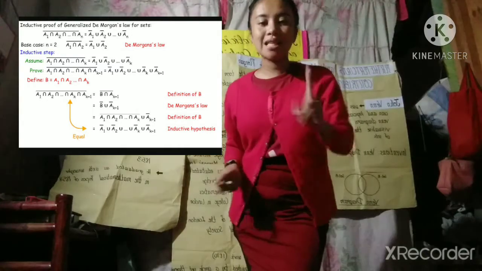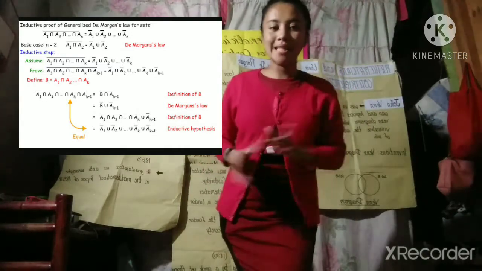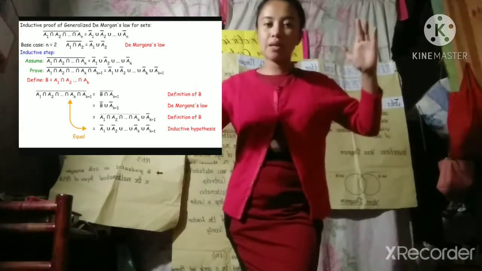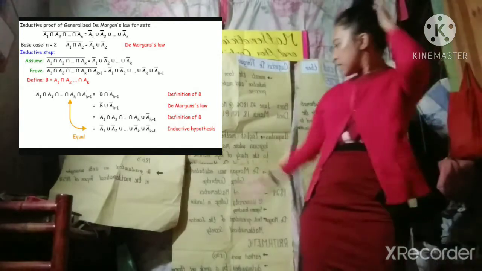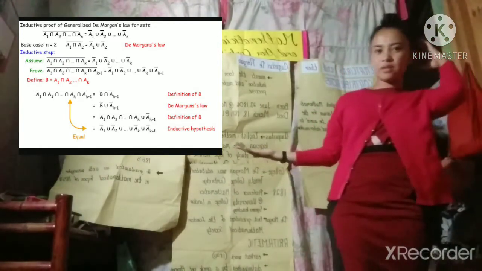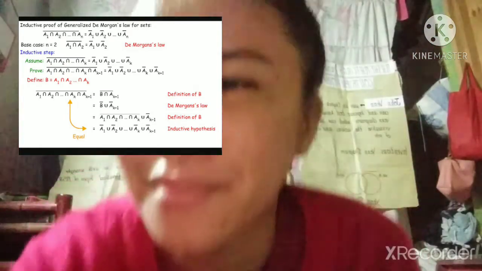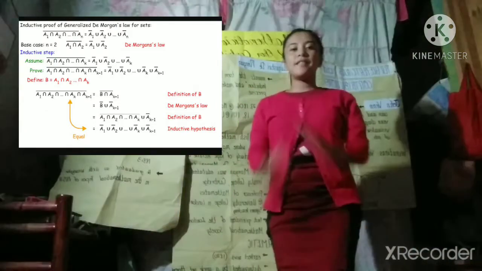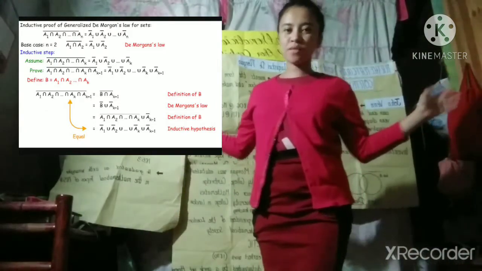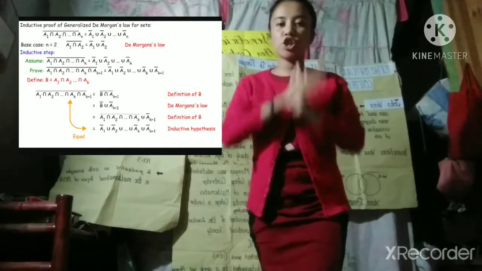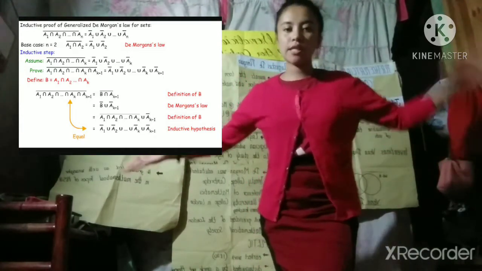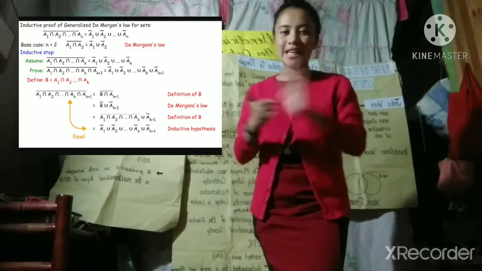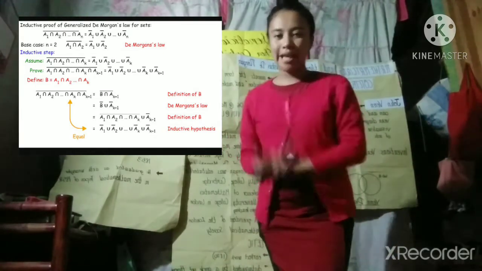Did you know that he was the first president of the London Mathematical Society, and he introduced mathematical induction and De Morgan's law in 1838.